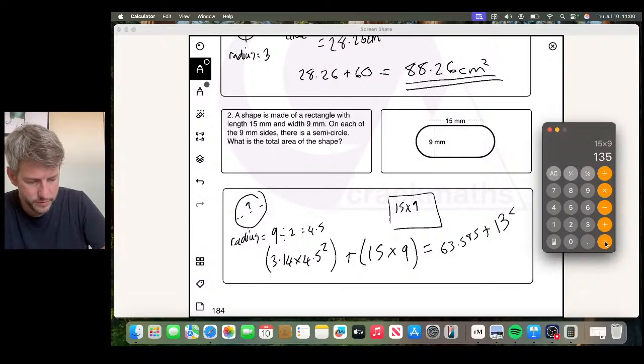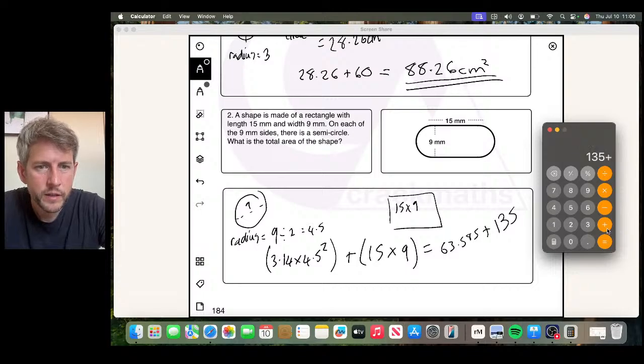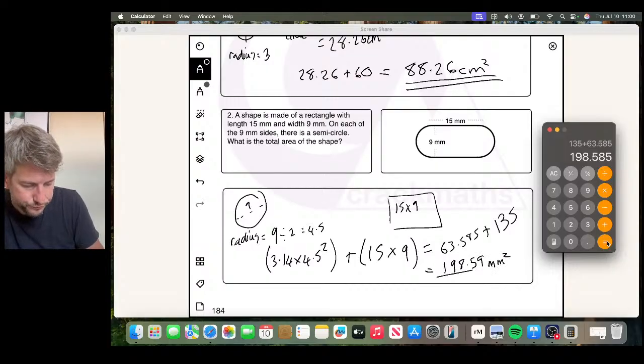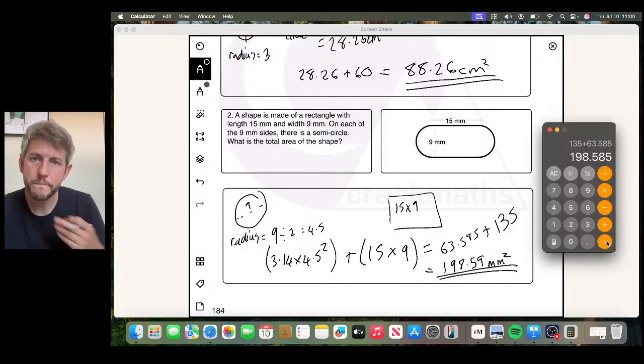If I add the 63.585 to that, this equals 198.59 millimeters squared. Okay, right.